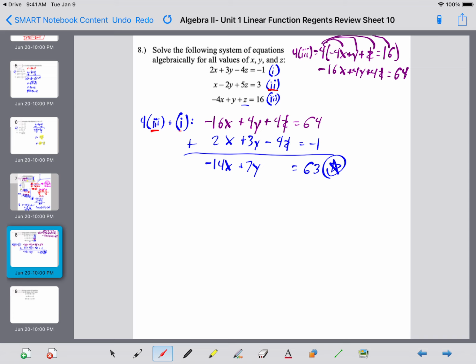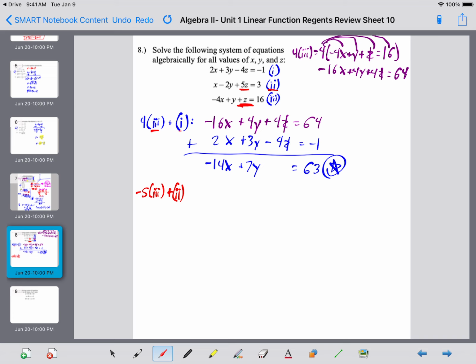So, if we have to get rid of z and we have to use equation 2, we're going to have to multiply equation 3 by negative 5. So negative 5 times equation 3 plus equation 2.